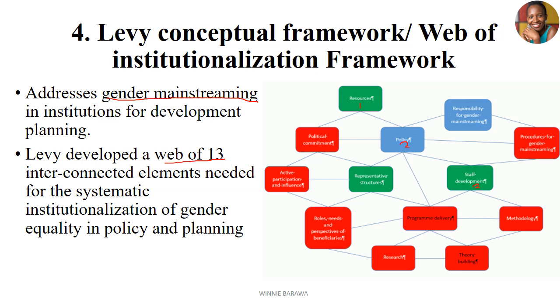Active participation and influence, looking at the roles, needs, and perspectives, research, theory development, methodology of implementation, and also program development. So you find that the web doesn't look into one thing, it works around the 13 interconnected elements and looks at what is needed and how to have each and all of these in place.